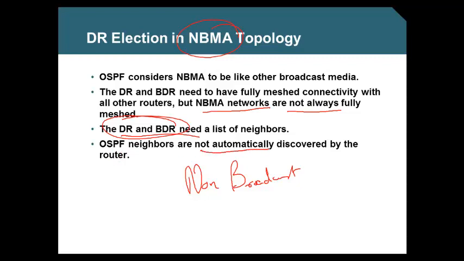They are not going to be discovered. You remember in BGP we used to configure neighbors manually. Likewise, you have to put the neighbor command and configure neighbors manually. No automatic discovery of neighbors. Why? Because you are working on a non-broadcast environment. How do you expect a multicast?